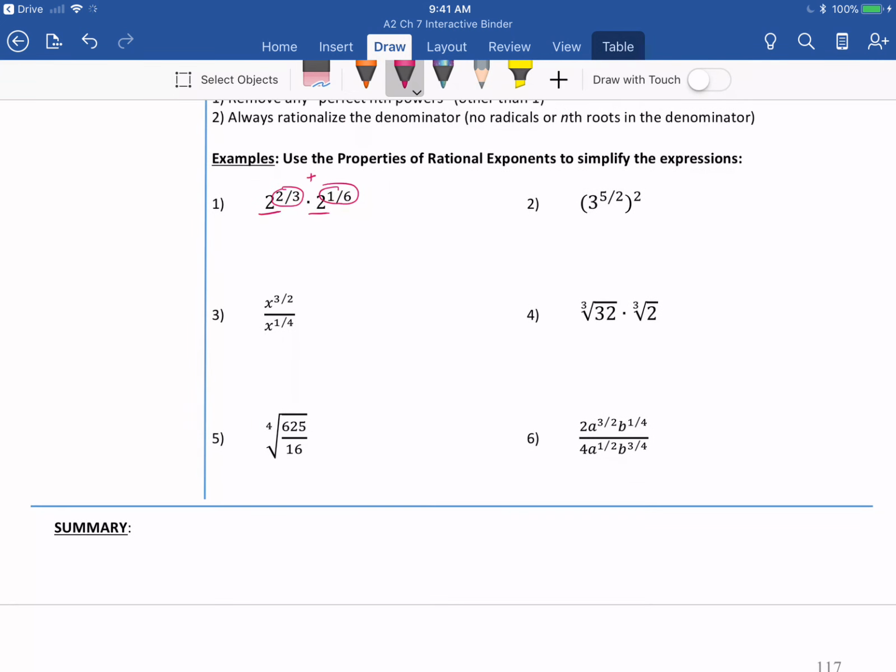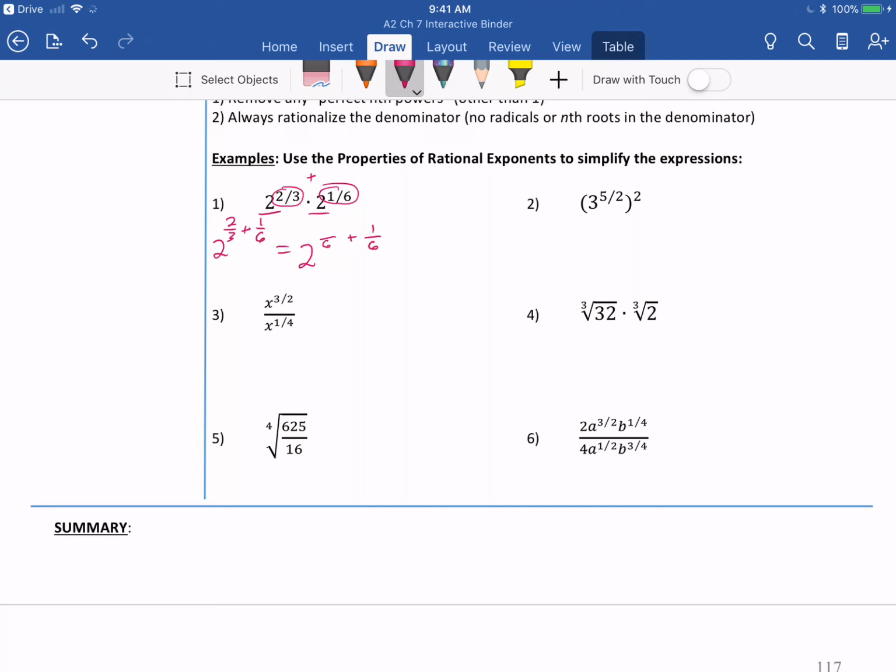So now I have 2 to the 2/3 plus 1/6. And this goes back to our good fraction mathematics: we have to make sure we have common denominators if we add. So the least common denominator between 3 and 6 is 6.